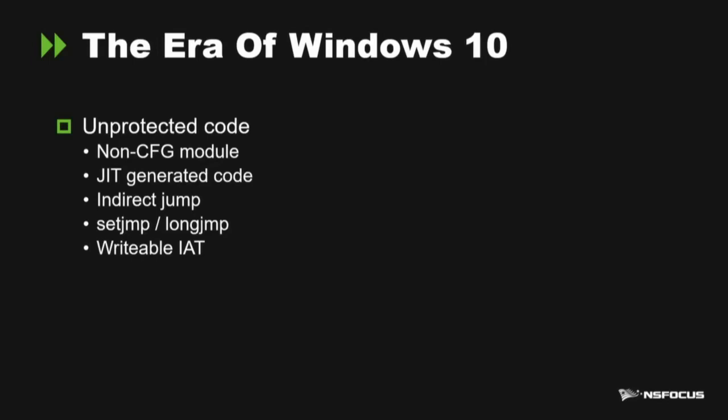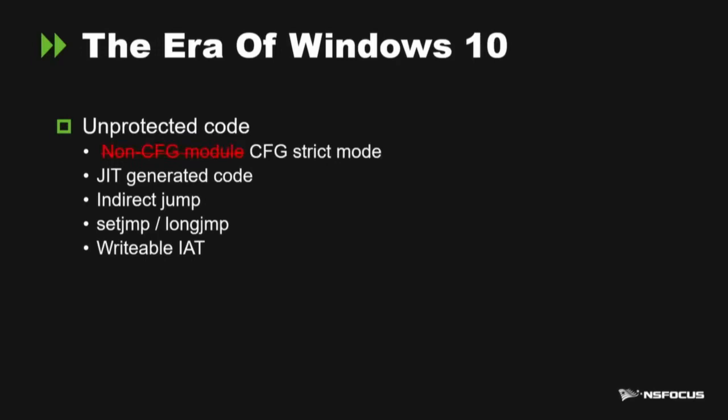The first one is to use unprotected code. There are many kinds of such code: non-CFG modules, JIT-generated code, indirect jumps, setjmp and longjmp, and writable IAT. All these kinds of techniques have been submitted to Microsoft, so they are resolved one by one.